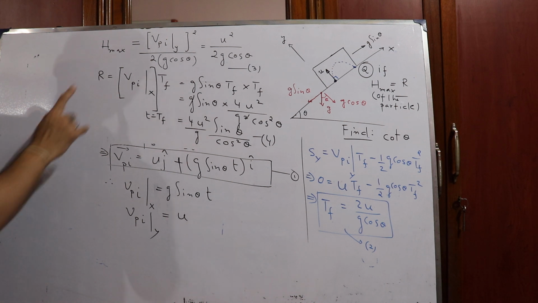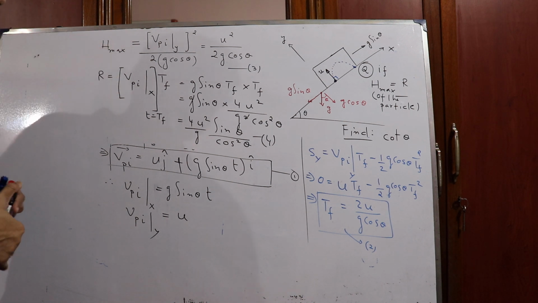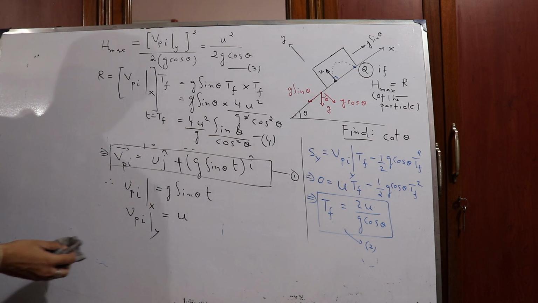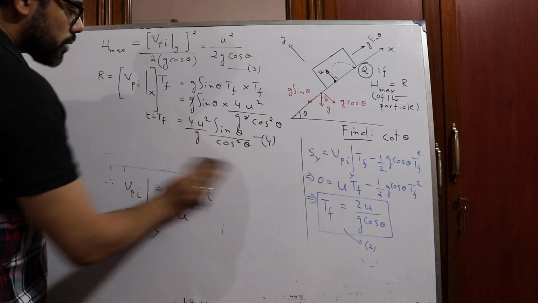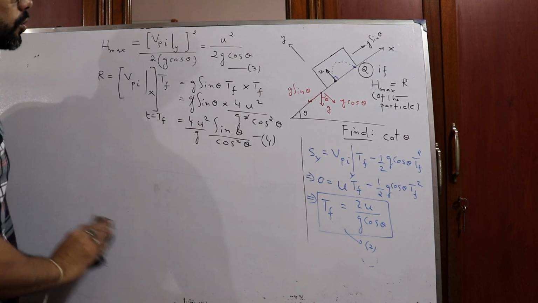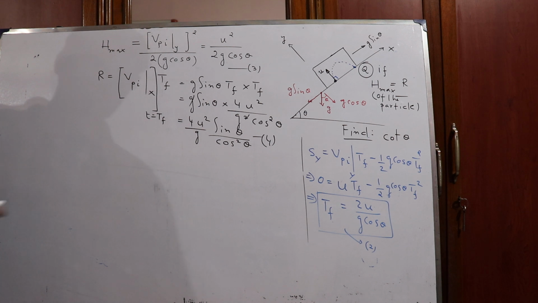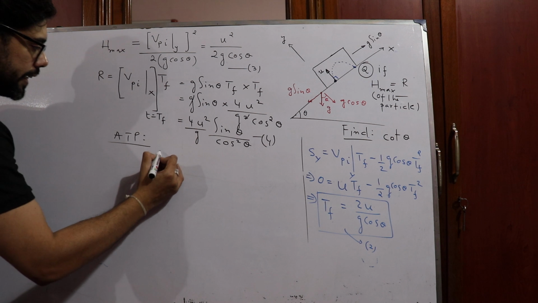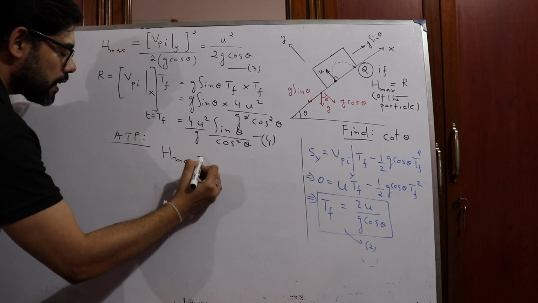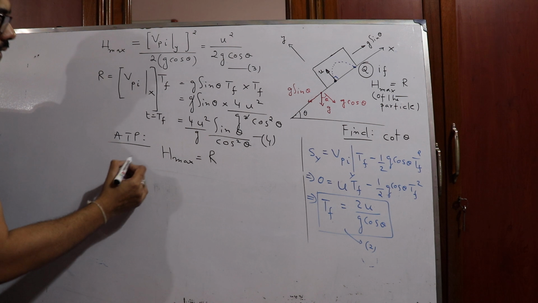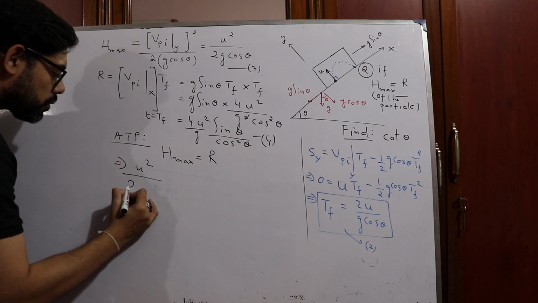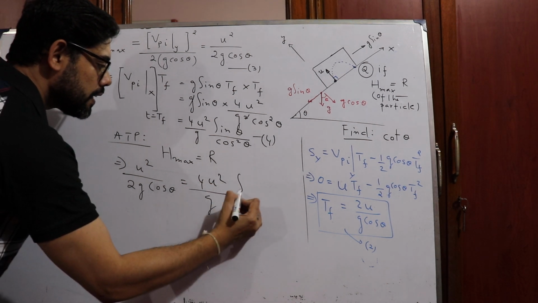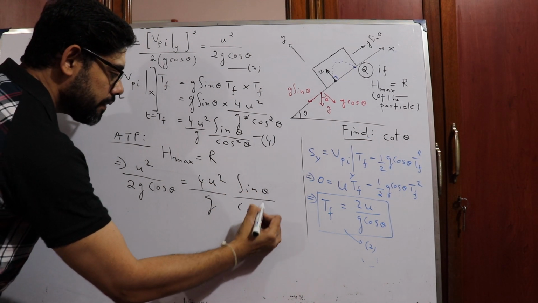So now we have got the horizontal range and we have also got H max. Using equations 3 and 4, we can equate these two. According to the problem, H max equals the horizontal range. So u square by 2g cos theta equals 4u square sin theta by g cos square theta.